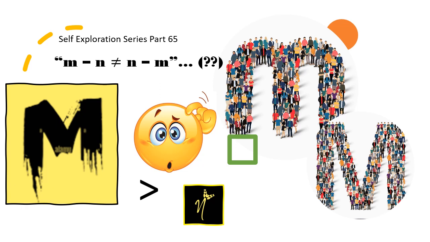But m minus n, 3 minus 5, is not possible, because to find 3 minus 5, we will need negative numbers, something that is not there in the real world. It can be there on paper, or we may need to interpret negative numbers in a very different way in the real world.